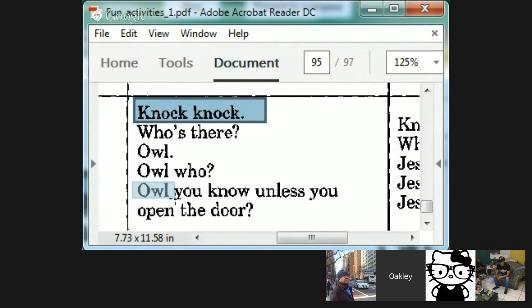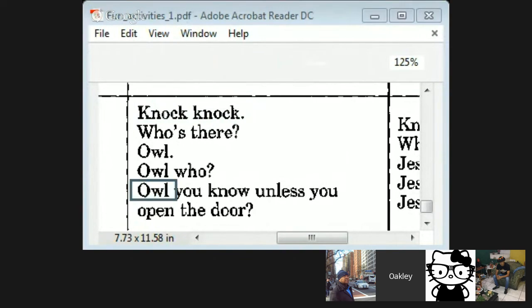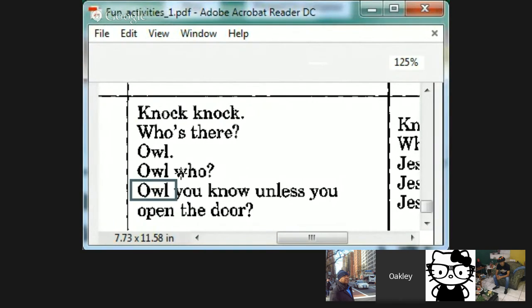So what are the actual English words? This is a good one actually, and a hard one. This reduced form is very, very challenging for language learners.